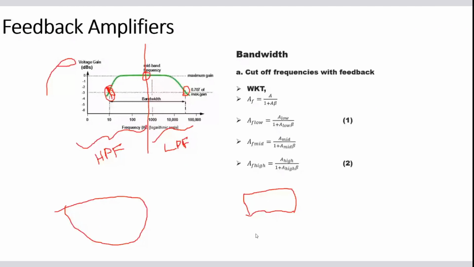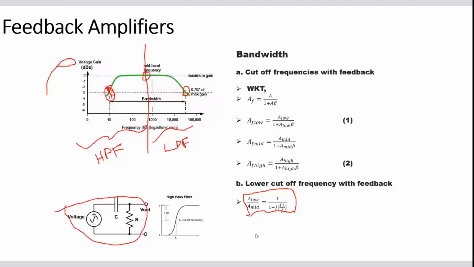I'm taking this diagram, the high pass filter. You can see that the output is taken across the resistor, and in your circuit you are having the capacitor. So my gain is actually V output by V input.